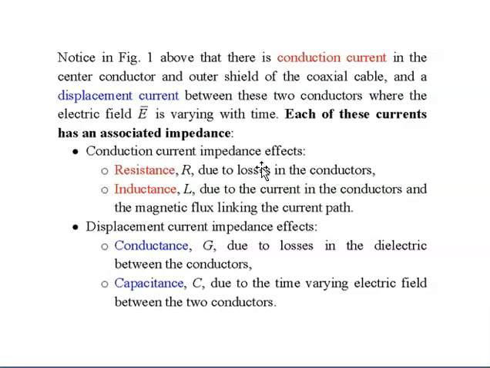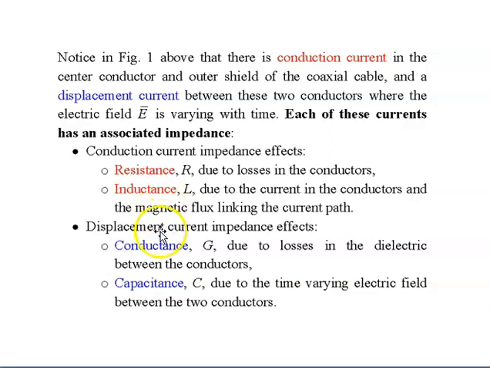So conduction current affects the resistance and also the inductance. Resistance is due to the losses in the conductors, while inductance is due to the current in the conductors and the magnetic flux in the current path.